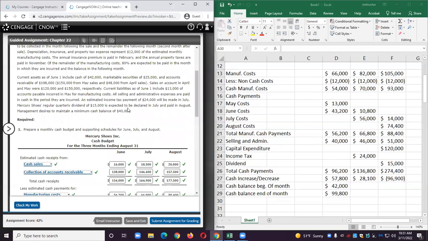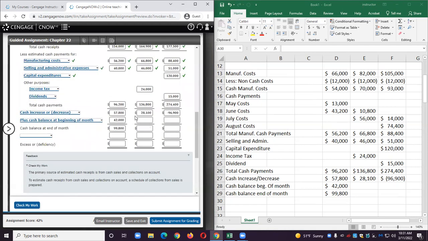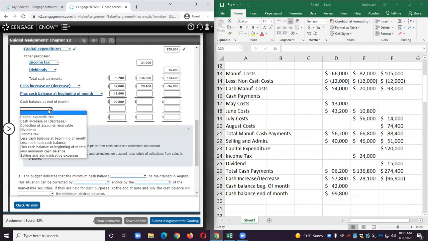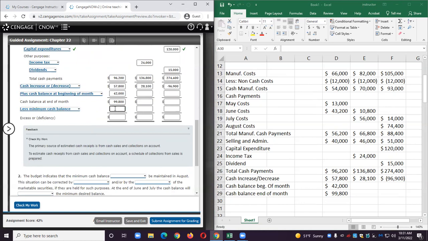Up here, it tells us that management desires to maintain a minimum cash balance of $40,000. So what we're going to do is subtract our minimum cash balance. And then that will give us an excess or deficiency of cash.